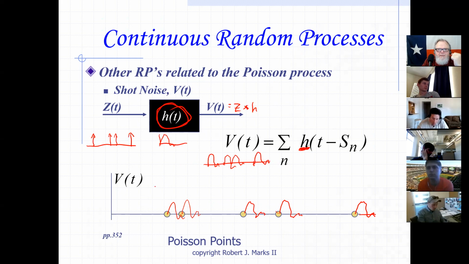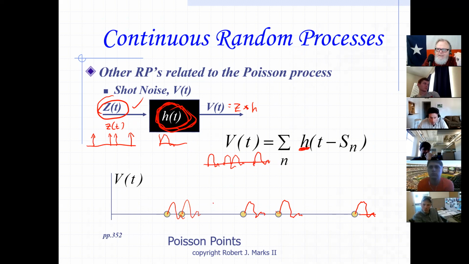So therefore, this Z of t, these Poisson Dirac deltas, proved to be a useful signal in the characterization of shot noise, because one detector might have one value of H of t, another detector might have another value of H of t, but you can use whatever value of H of t it is for that detector, photon, electron, whatever, and you can then convolve it with the Z of t, these Dirac deltas at the Poisson points, because these arrivals of the photons, for example, occur in accordance to a Poisson process, and we get a very nice representation of the underlying signal that we measure.